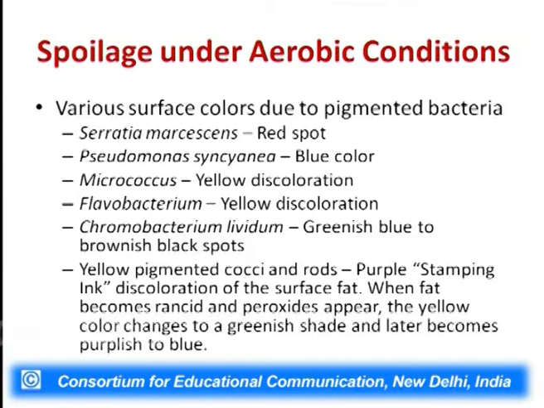In this case, fat becomes rancid and there is appearance of peroxides, and the yellow color changes to a greenish shade and later becomes purplish to blue. So, the defects on the surface of meat are caused by the pigmented bacteria, and the defect name depends on the type of pigment which is being produced by the bacteria.